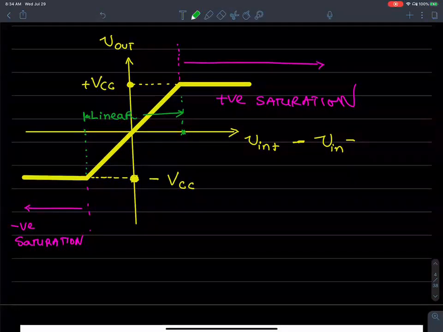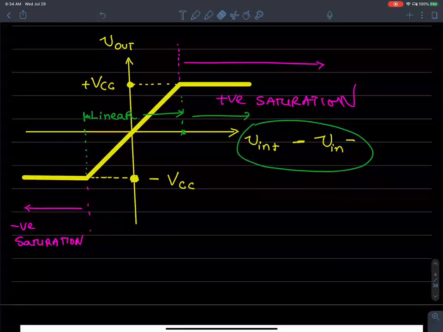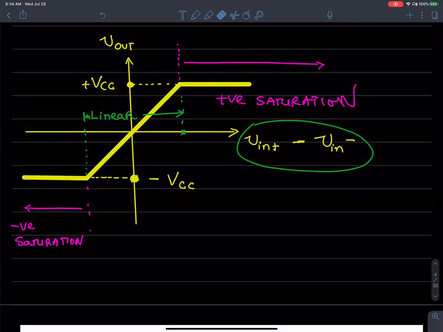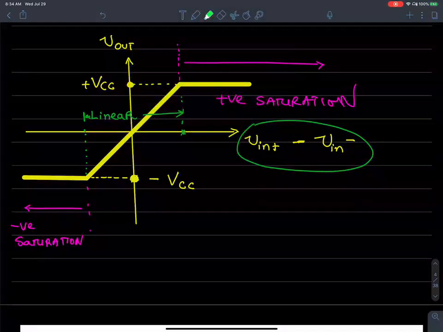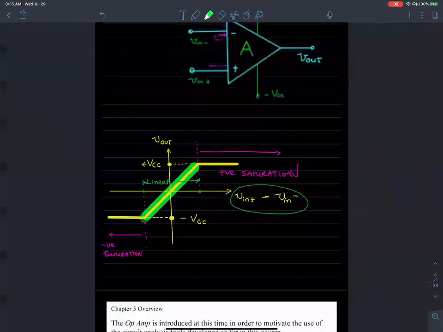Obviously, saturation is a bad thing. Then the output is independent of the input. Even when the input is changing, the output does not change. The output is stuck. So there's a saturation on the positive side, a saturation on the negative side, and then a linear region of operation. And we always want to operate in the linear region.